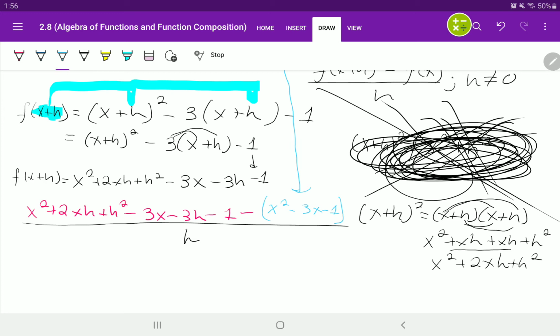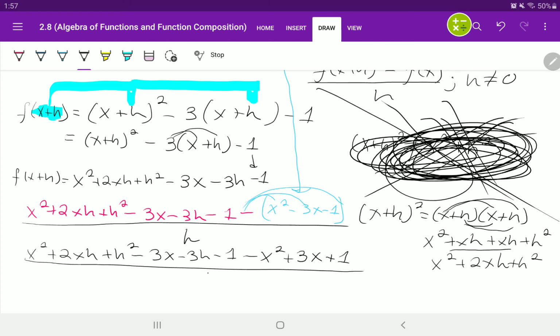Next, we want to distribute the negative sign inside the parentheses. So we have x squared plus 2xh plus h squared minus 3x minus 3h minus 1. Now we have minus x squared, plus 3x, and plus 1, all divided by h.